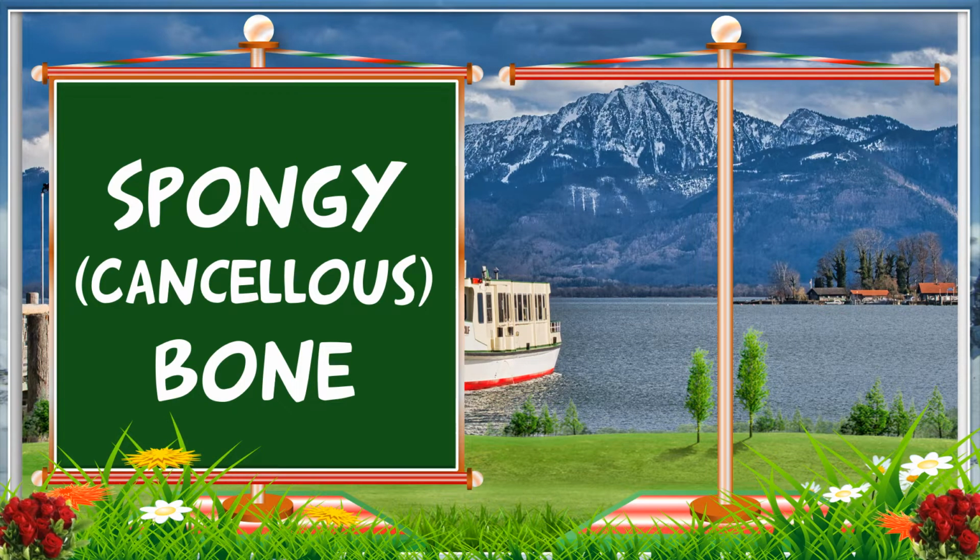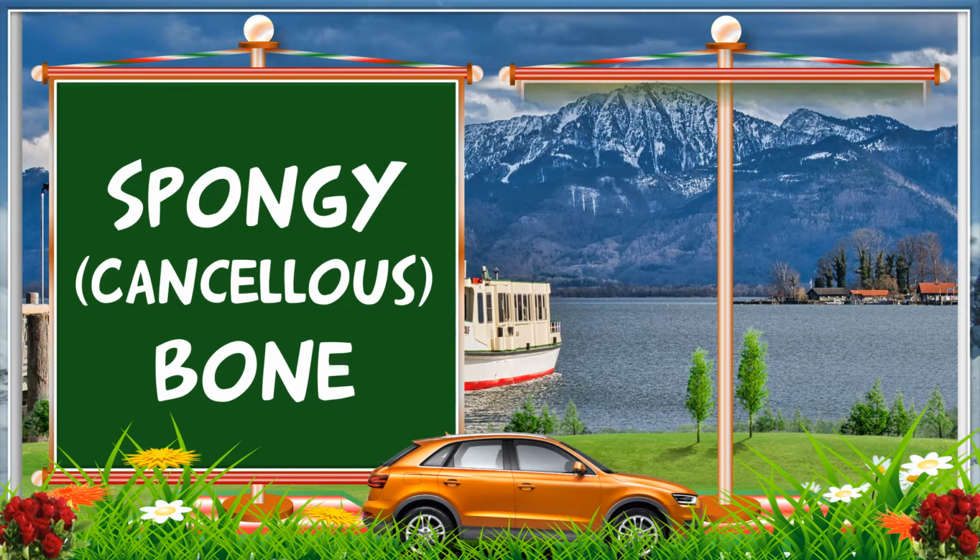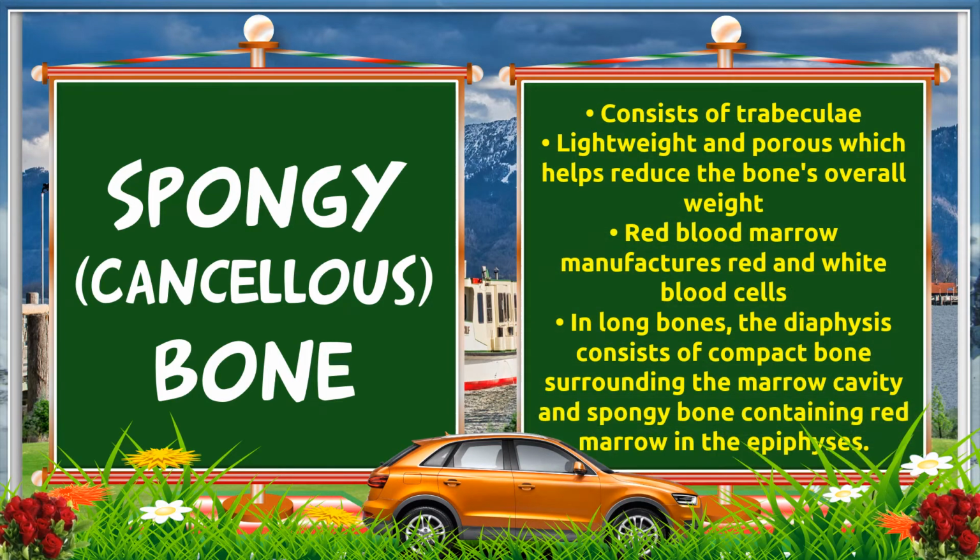Spongy bones. 1. It consists of trabeculae. 2. They are lightweight and porous, which helps reduce the bone's overall weight. 3.